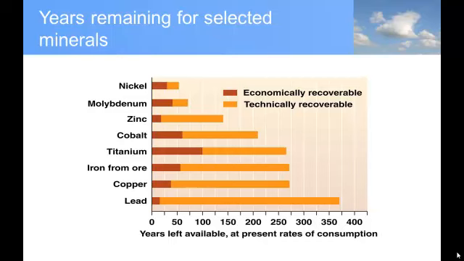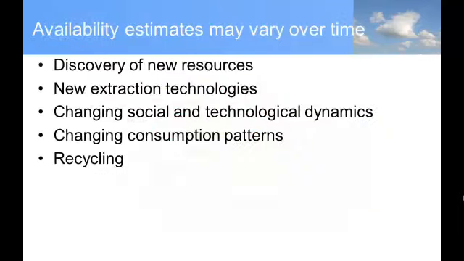Now, of course, these estimates may change if there are changes in the technologies, if there are improvements by which we can make some of these resources more recoverable, if we can increase the economically recoverable aspect. So, for example, one of the reasons why there's such a big boom to drill for natural gas in the Marcellus Shale is that in recent years there have been improvements in some of these fracking technologies, which has made it profitable now. 30 years ago, drilling in the Marcellus Shale wasn't profitable at all.